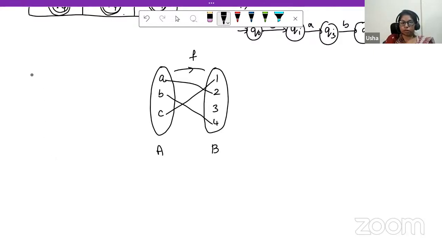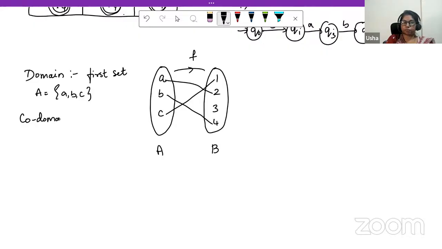The first set is the domain. Domain of this function is the first set, which is A, B, C. Codomain is the second set. The second set here is 1, 2, 3, 4. This is the codomain.